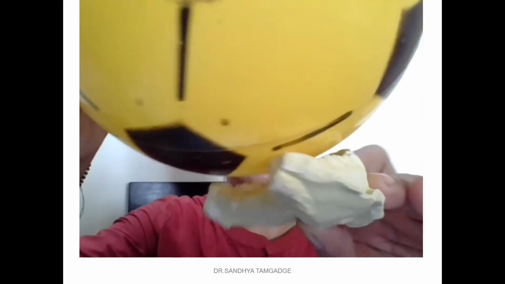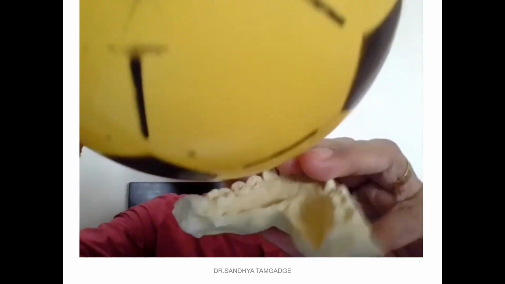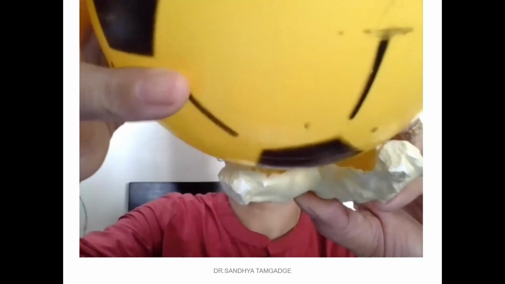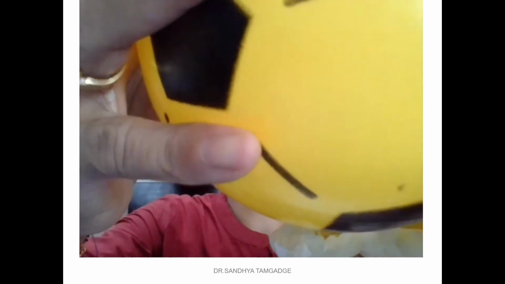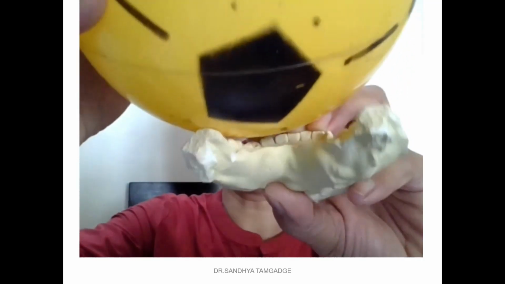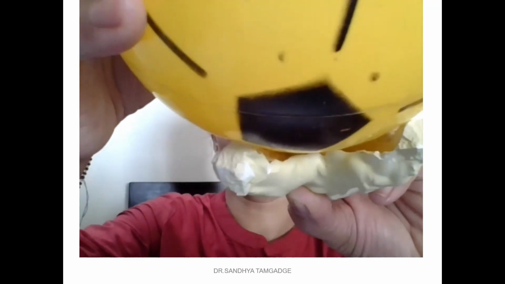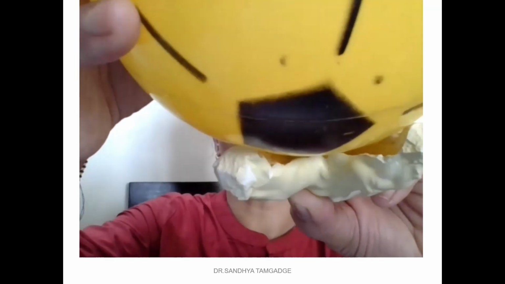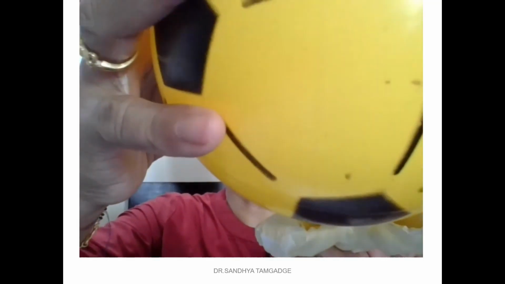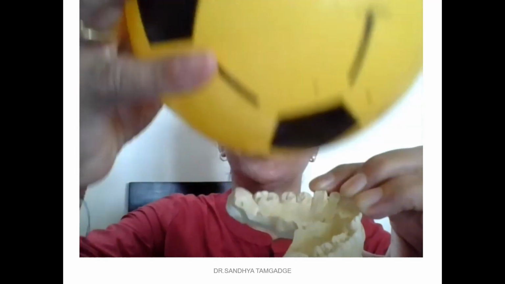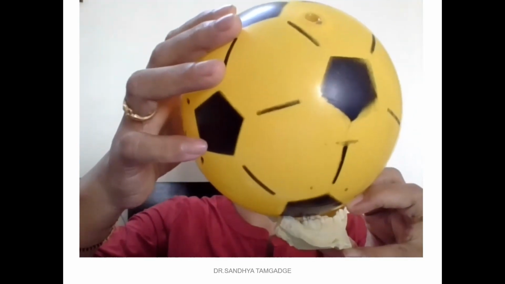And if you see from this side also, the lower teeth are arranged along the sphere. So this is curve of Wilson, and if you extend both these curves behind, it would form a circle like this.